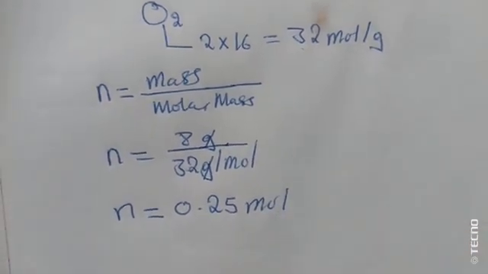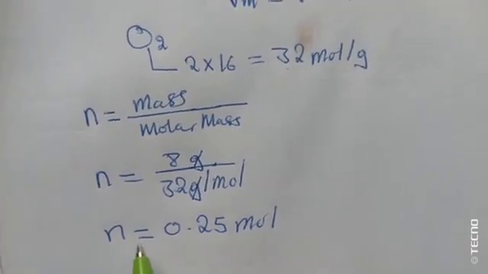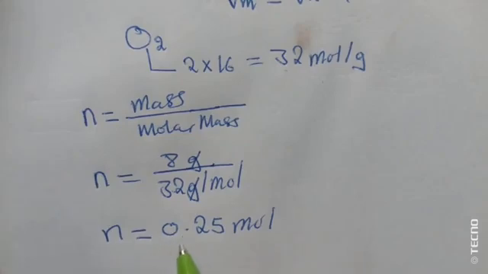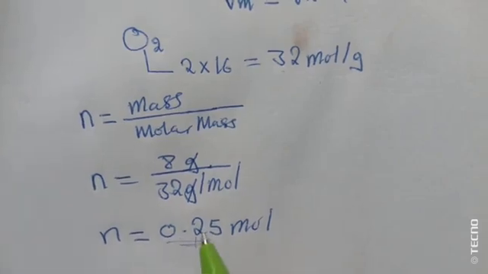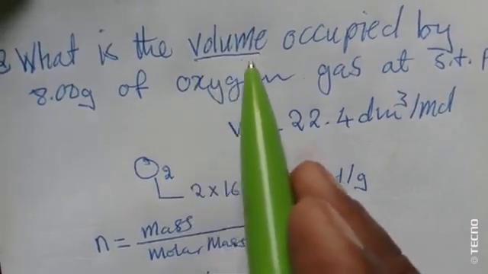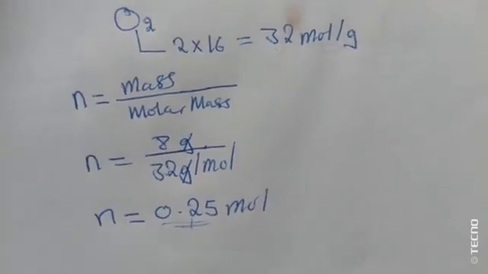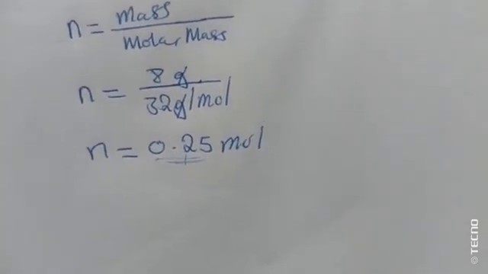So this is your answer, but this is just a mole. In the question, what we have been asked is to find the volume. Since you've calculated your mole, it will help us to calculate the volume.